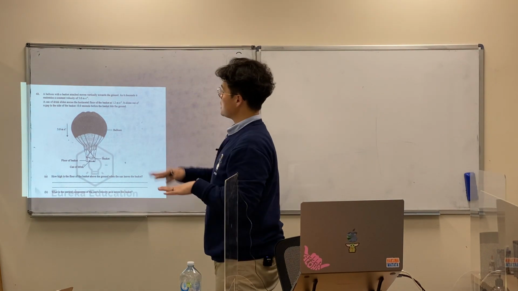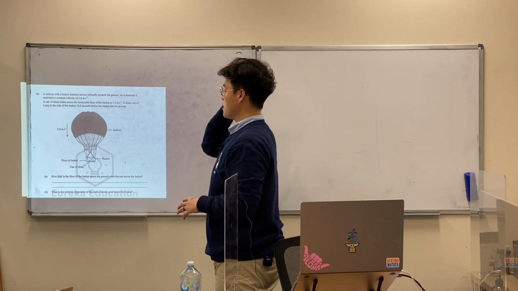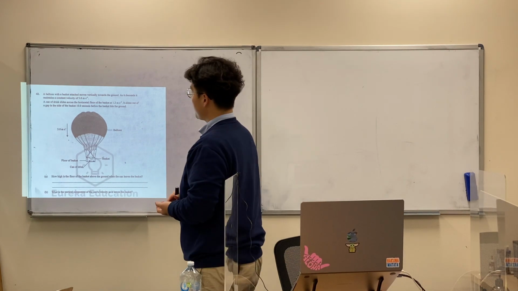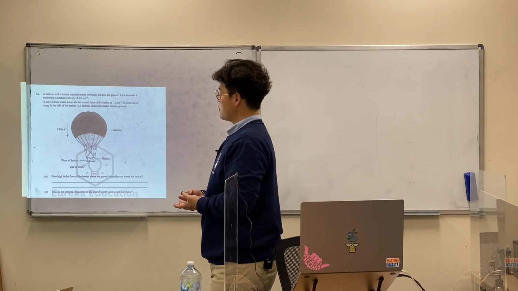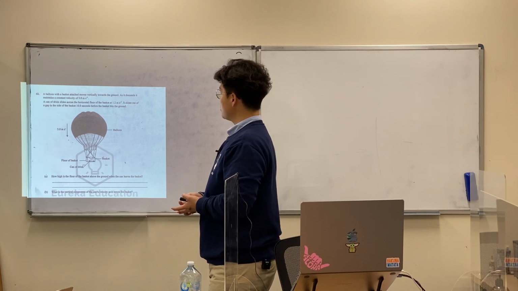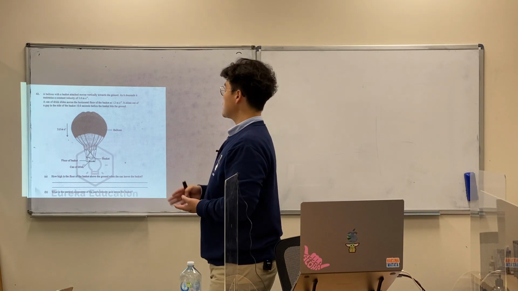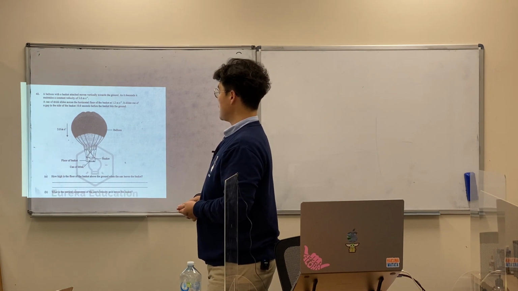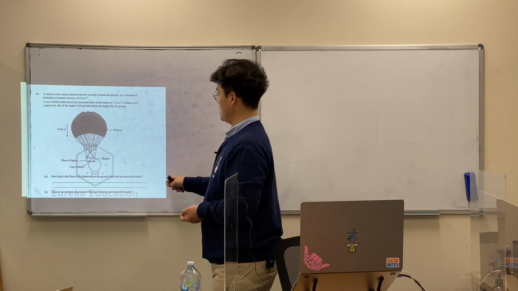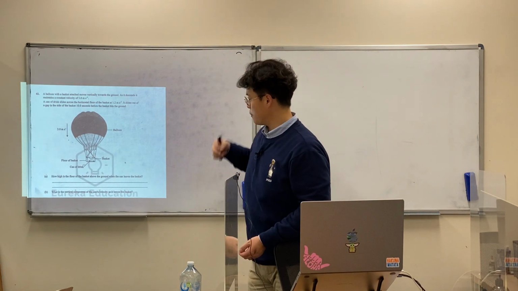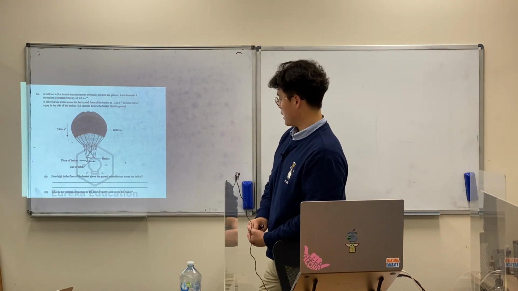As it descends, it maintains a constant velocity of 3 meters per second. A can of drink slides across the horizontal floor of the basket at 1.2 meters per second. All right, it slides out of a gap in the side of the basket 10 seconds before the basket hits the ground. How high is the floor of the basket above the ground when the can leaves the basket?